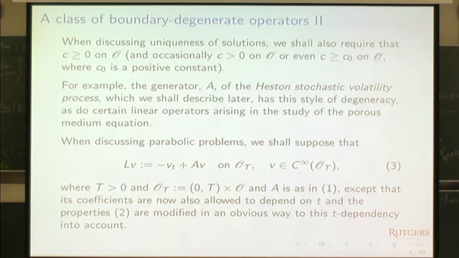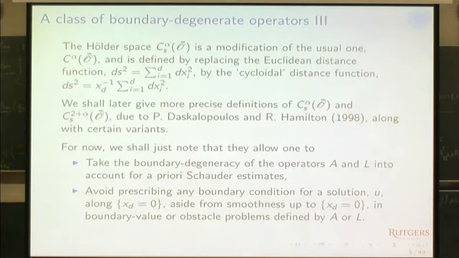Parabolic problems, I'm going to describe in this way. Coefficients can now depend on t. And what is this Hölder space here? Well, I'm going to give you a precise definition a little bit later.